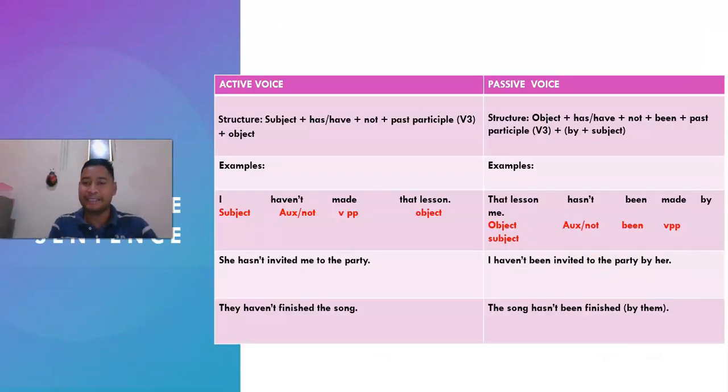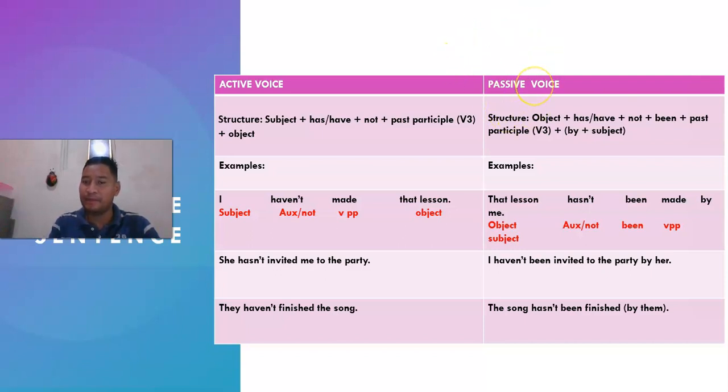Negative sentence. Active voice structure: subject plus has or have plus not plus past participle plus object.